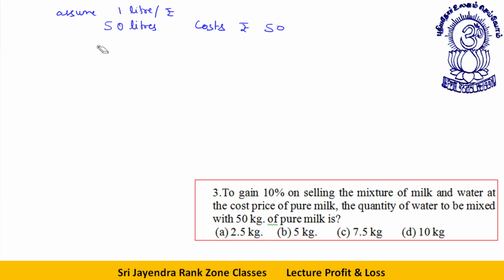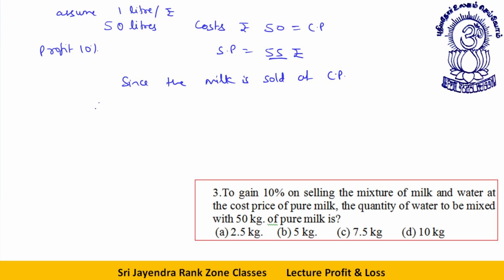Now, the profit is how much? 10%. Here, the CP was 50, so SP will be 55. Now, since SP is 55 rupees, and the milk is sold at CP, therefore 55 rupees are obtained by selling 55 liters.